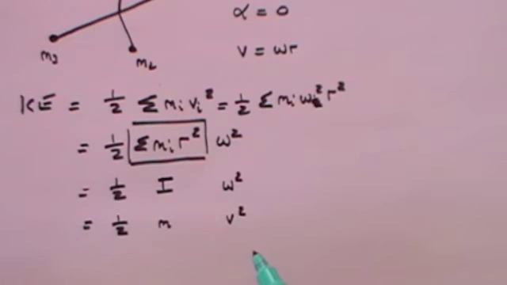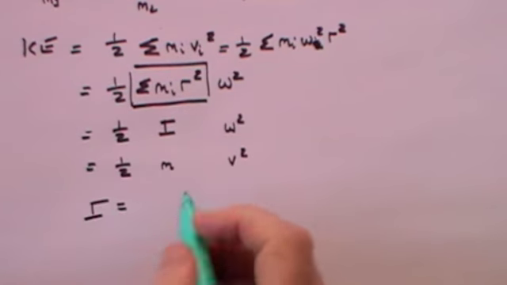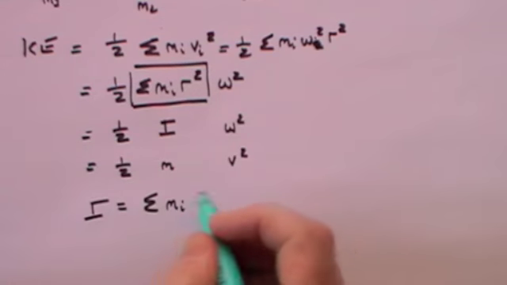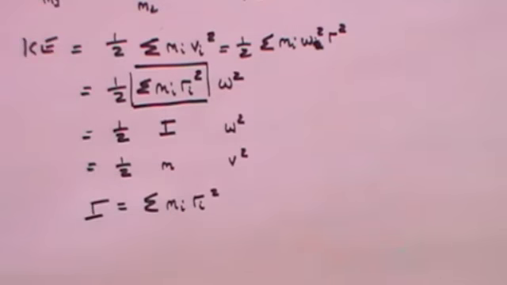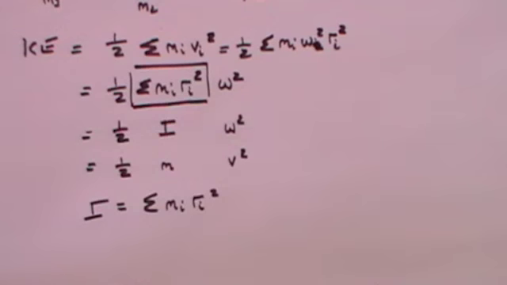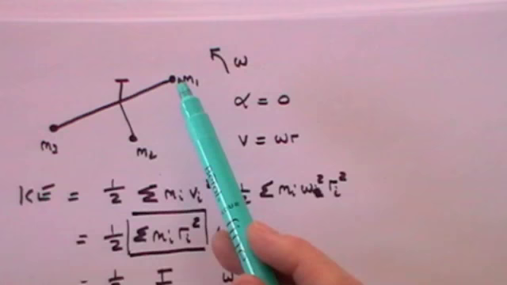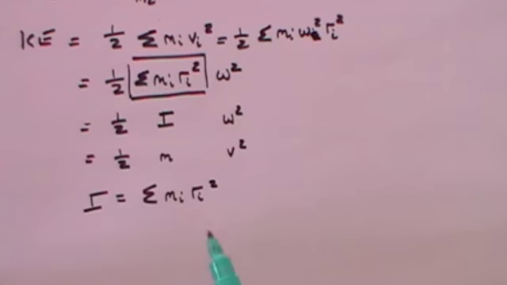And that I is called the moment of inertia. So the moment of inertia is equal to the sum of mi ri squared. There should incidentally be an i there, as there should be an i here, because it's the radius of the ith point. Just to be clear, you multiply each mass by its distance from the pivot, and those are different distances, which is why you have to have an ri squared for each mass.